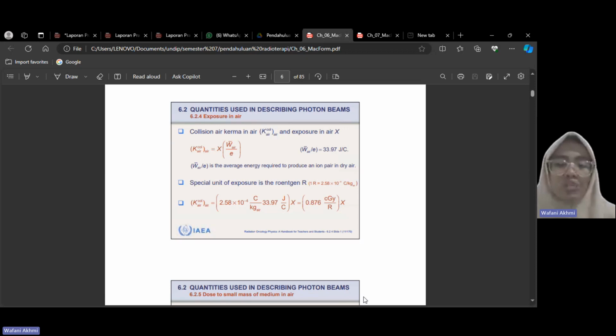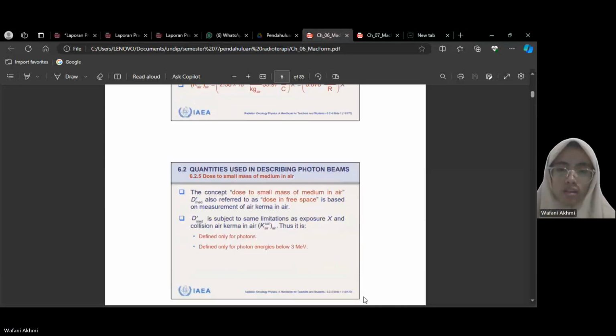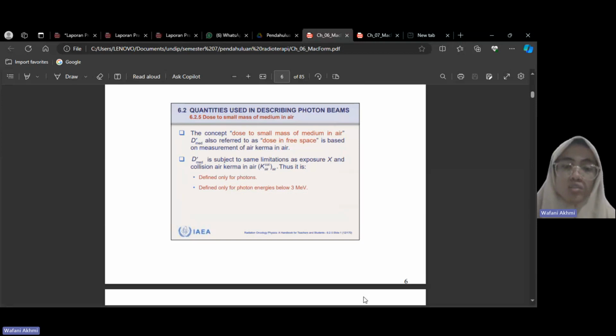Special unit of exposure is roentgen. 1 roentgen is equal to 2.58 multiplied by 10 to the power minus 4 coulomb per kilogram of air. And thus the dose to small mass of medium in air.